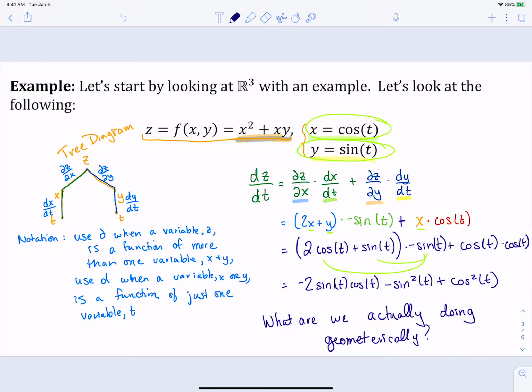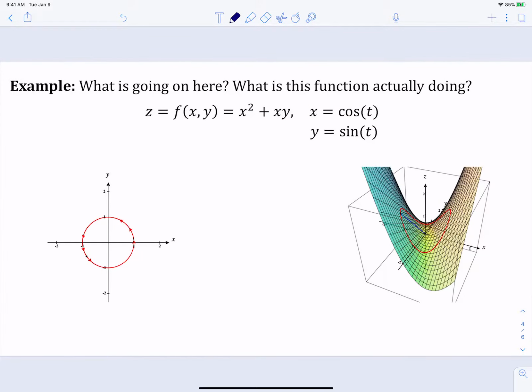Okay, and so what we're doing with this x equals cosine of t, y equals sine of t, is that we're restricting our domain. So this is a domain restriction.